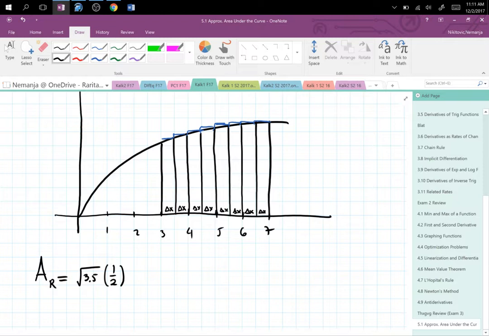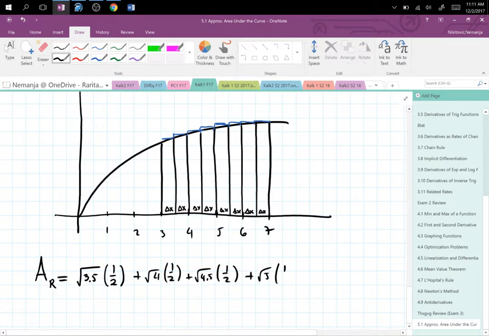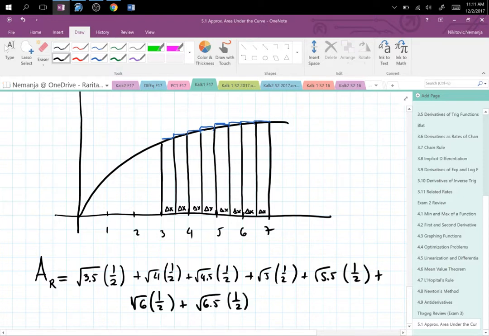The next calculation is root of 4, oops, plus. I didn't hit the shift over there. 1/2 plus square root of 4.5 times 1/2 plus square root of 5 times 1/2 plus square root of 5.5 times 1/2 plus square root of 6 times 1/2 plus square root of 6.5 times 1/2 plus square root of 7 times 1/2.